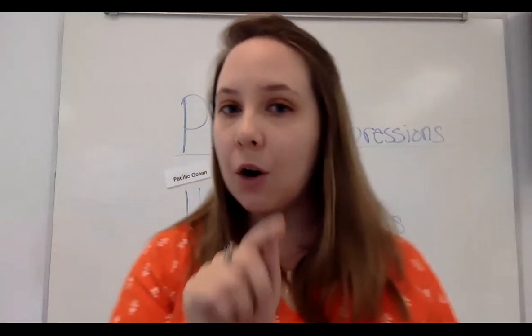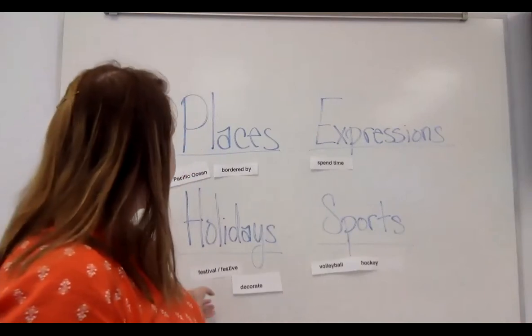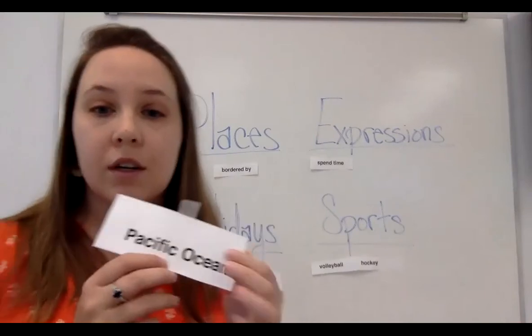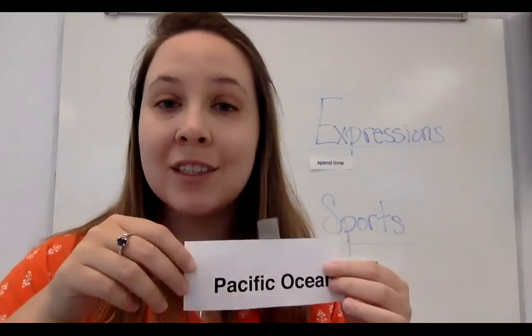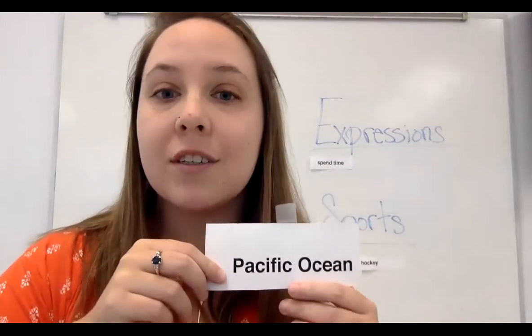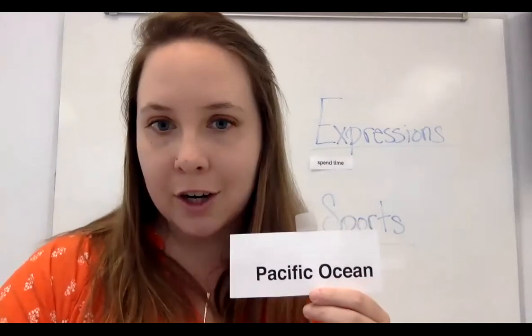So choose 5 words. For each word, write 1 sentence. And I want that 1 sentence to be about your life. So if you are choosing the Pacific Ocean, I want your sentence to not just be about the Pacific Ocean, not just the Pacific Ocean is very large.